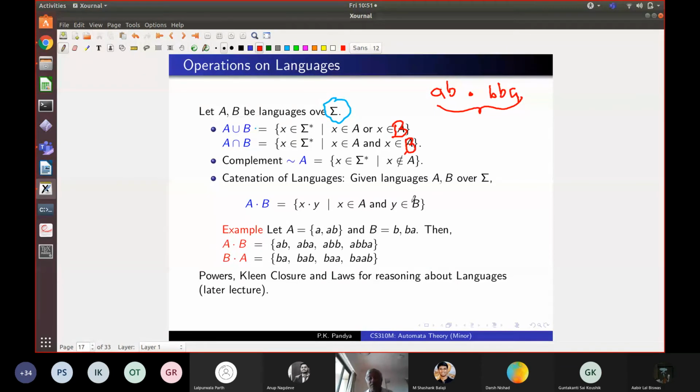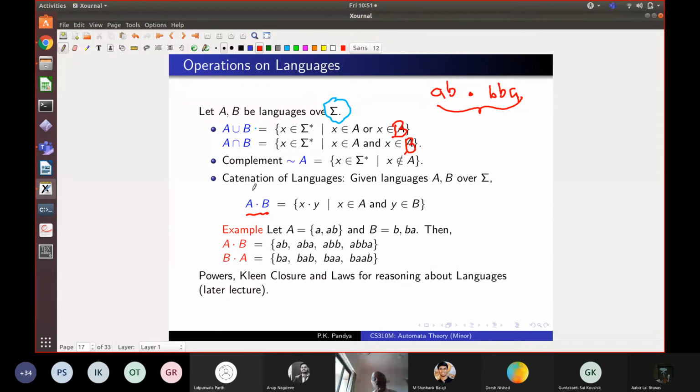And that will give me one member of this language A dot B. Then I pick up another x and another y, and I catenate them, and I get another member of AB. I take all such possible combinations, and I get this language A dot B. So it's a rather large language. Every element of A catenated with every element of B is included, and nothing else is included.